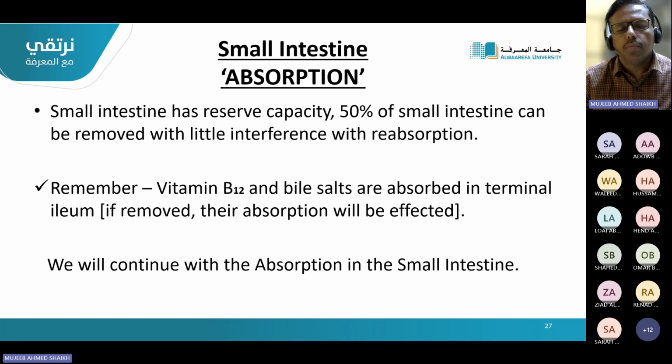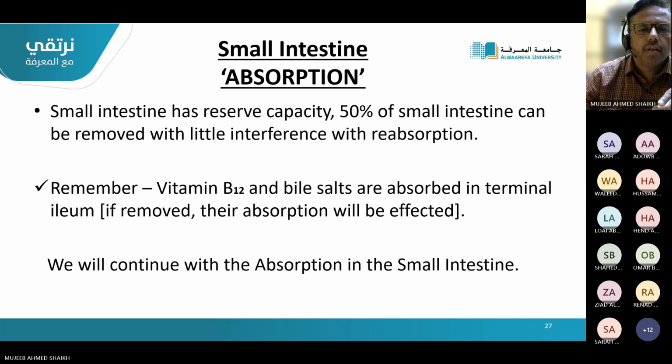Even though everything else is absorbed in the duodenum and jejunum, vitamin B12 and bile salts will come till the terminal ileum, where they will be absorbed. So this is the specific site for absorption of vitamin B12 and bile salts.